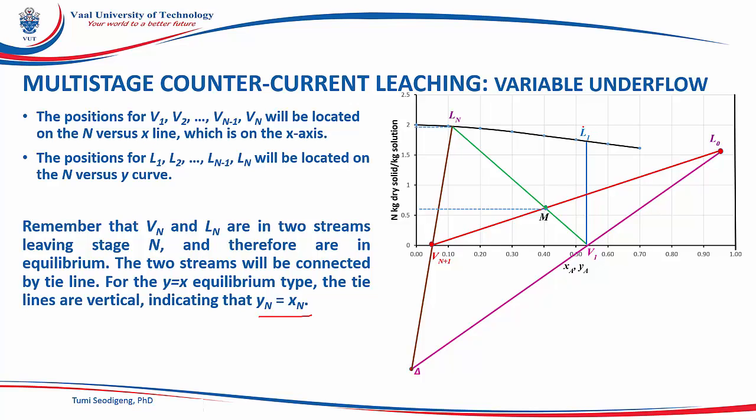Then once we have positioned L1, the stream that is passing L1 is V2, and those two streams are connected by a line that is connecting L1 to delta.